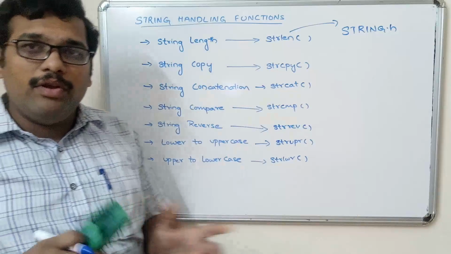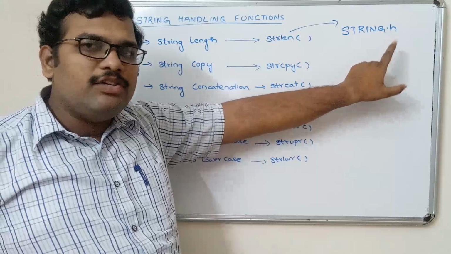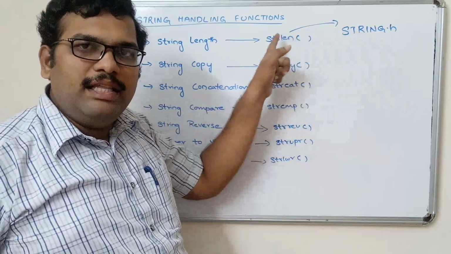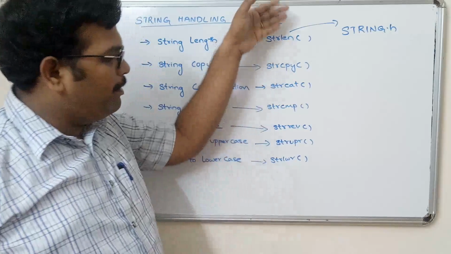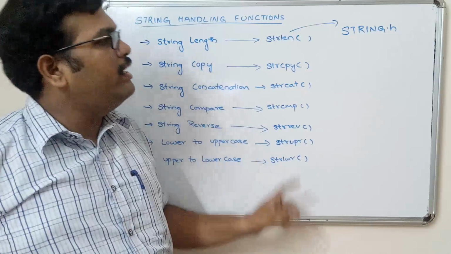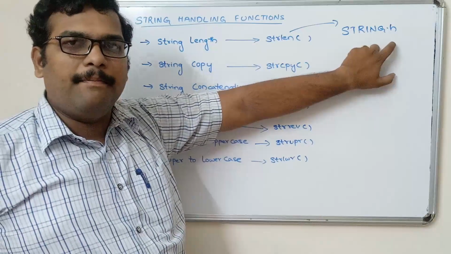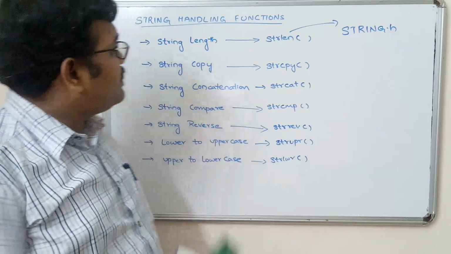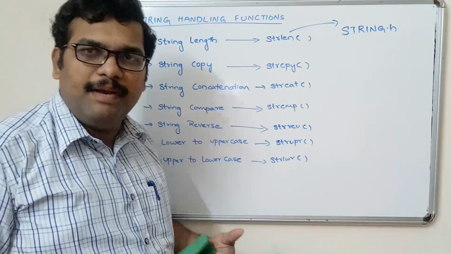We have to include the library file or header file, that is string.h. Unless you include string.h, these predefined functions will not work. So first of all let us see one by one the syntaxes and a simple example.